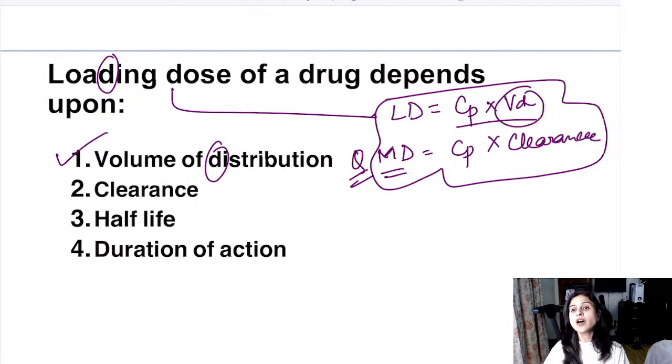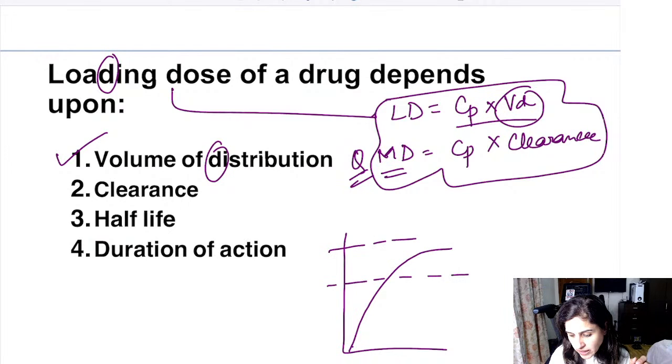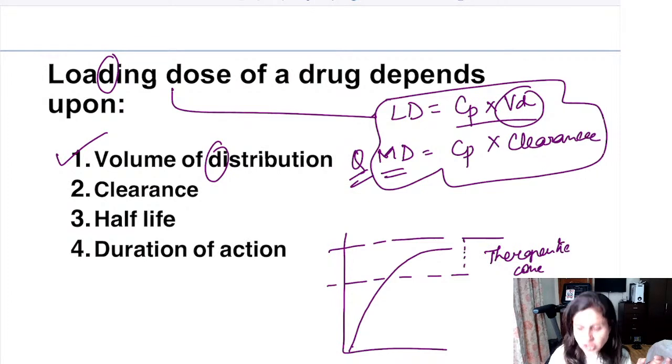So what we do, we give a large amount of dose together so that the steady state concentration is achieved faster. Okay? So this steady state concentration. So for example, you gave the drug and this steady state concentration was reached. Steady state basically means that is your therapeutic concentration where the actual action will come.